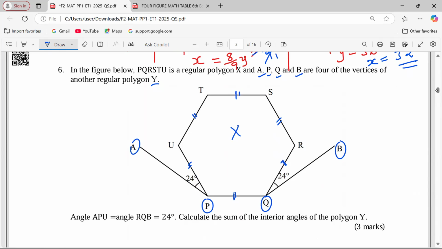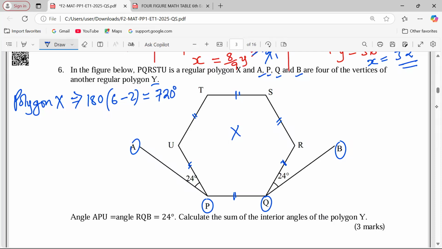So for polygon X, which has been fully drawn, the sum of interior angles shall be 180 times (6 minus 2), which is giving us 180 by 4, giving us 720.